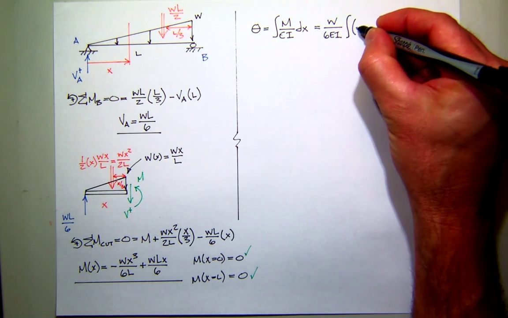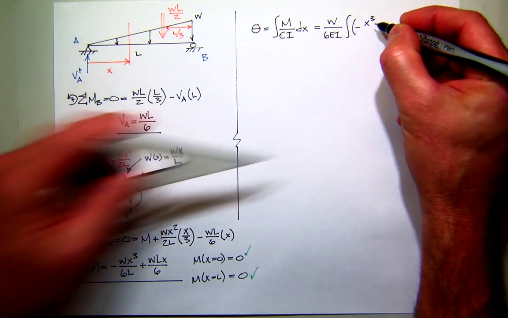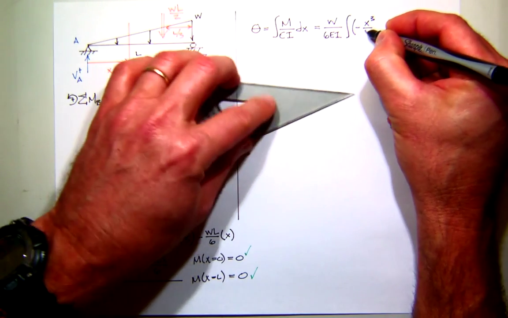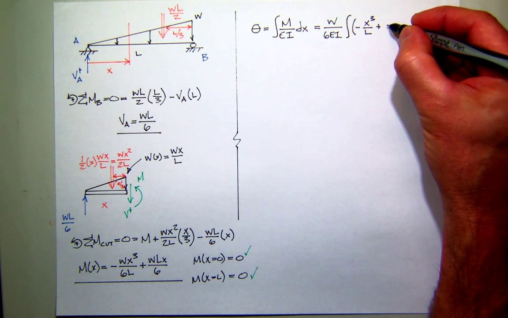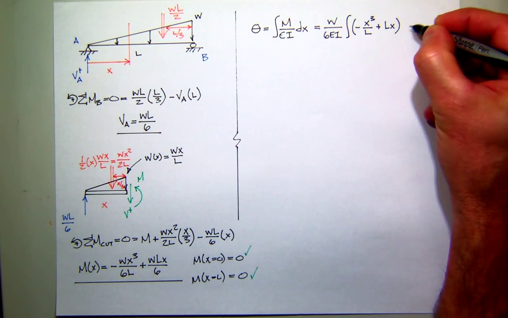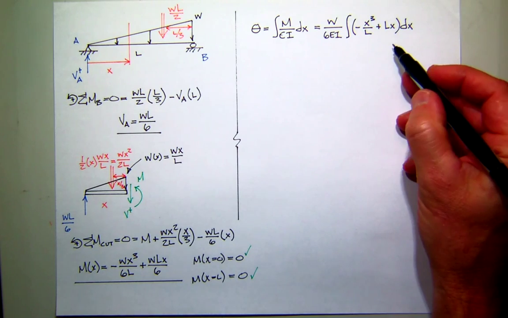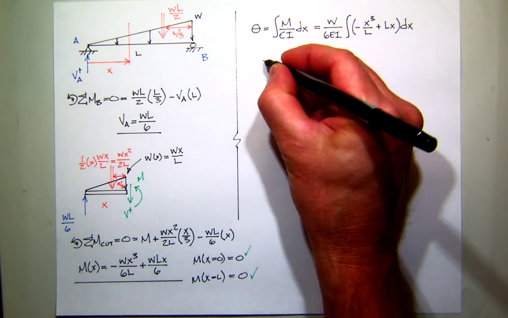It looks like negative x cubed over L, plus xL. I don't think that's going to be too challenging to integrate.